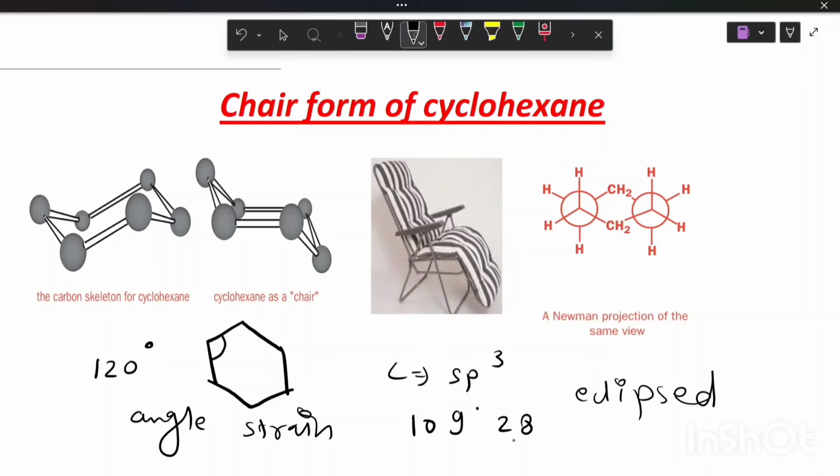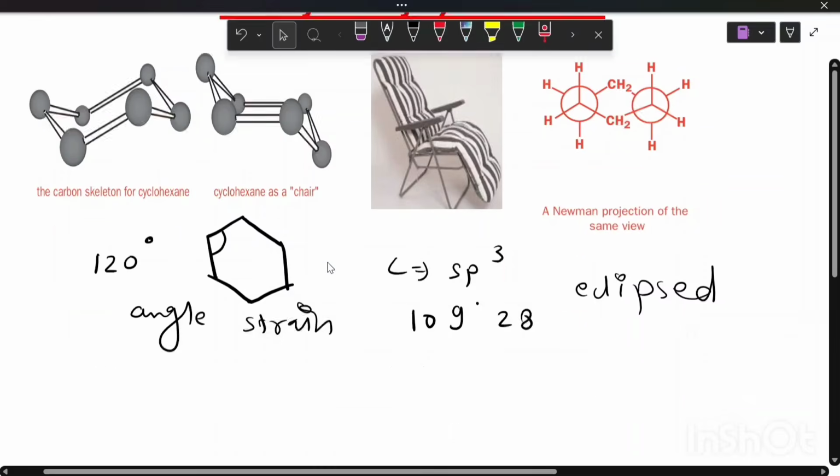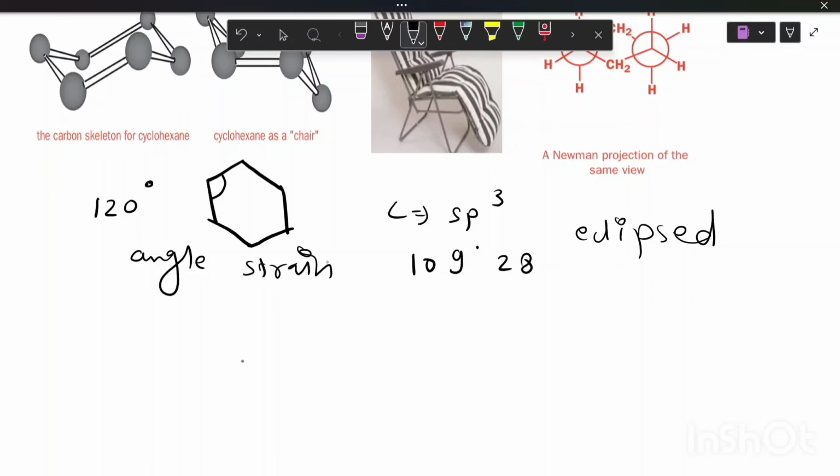Eclipsed form means there is a torsional strain, means if it would exist as planar, then there will be, first thing, angle strain, second thing, torsional strain. Okay, so these two strains prevent the cyclohexane from existing as a planar cyclic form like this.